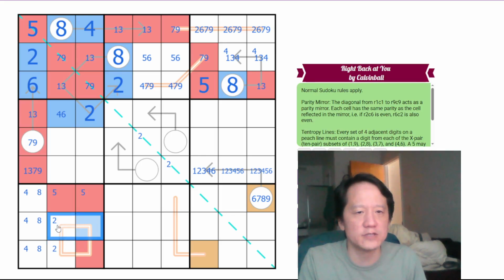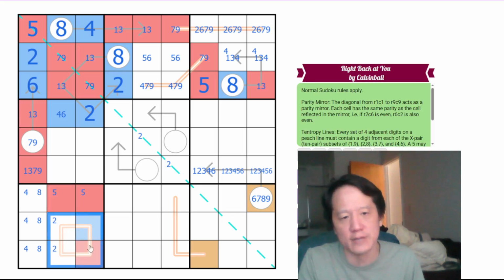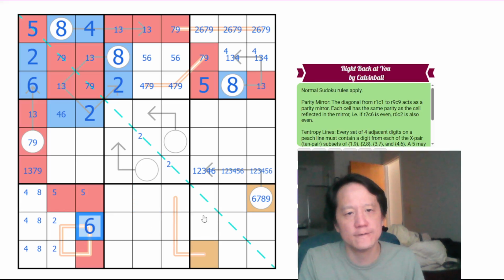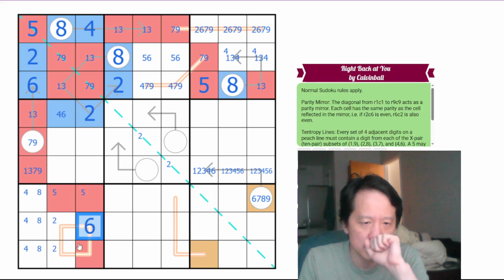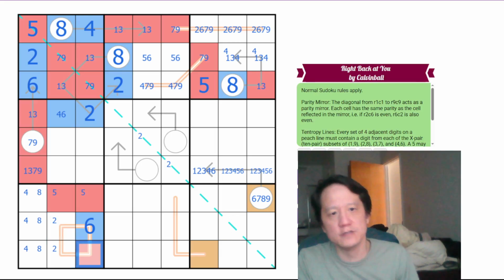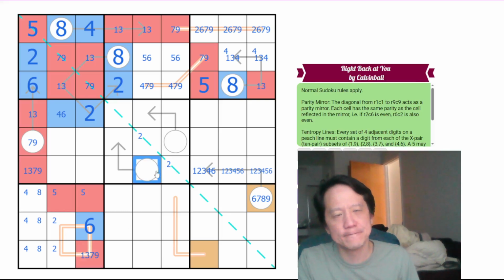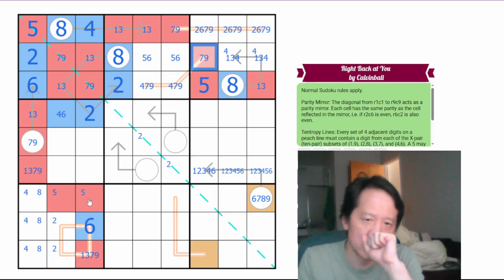It cannot be 8 because we know 2 has to be on this entropy line, and therefore 8 cannot be on this entropy line. We also know this 4, 8 pair, so this must be 6 here. This is 1, 3, 7, or 9. We're not sure which it is. One of these is 4.